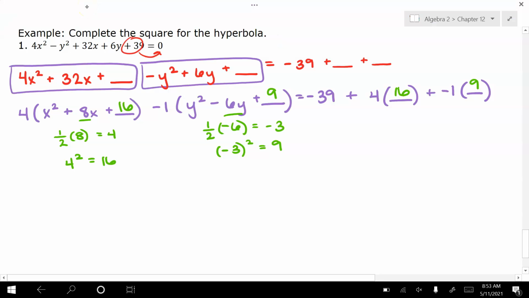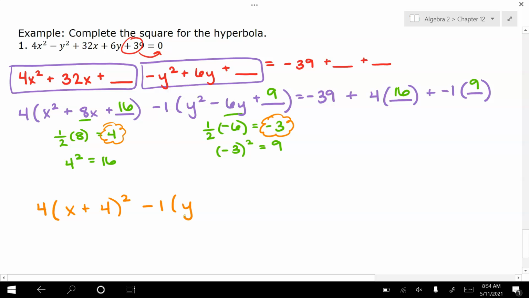Now we rewrite. So on this first one, we still have that 4 sitting out front. And then remember I said kind of like your shortcut is you always use the number that you found when you did the half of that middle term. That tells you what you put in the parentheses. So it would be x plus 4 squared. So how would we write the second one?